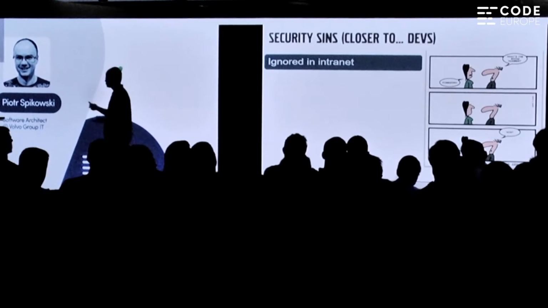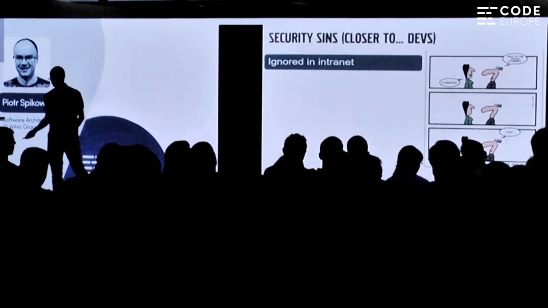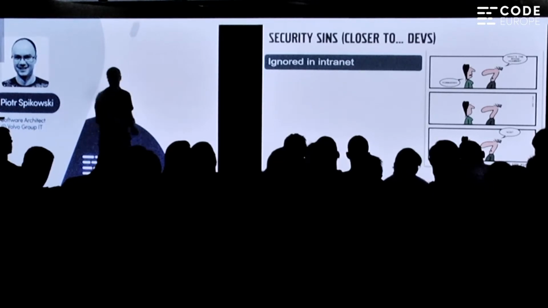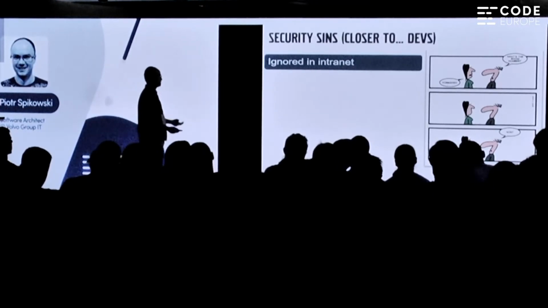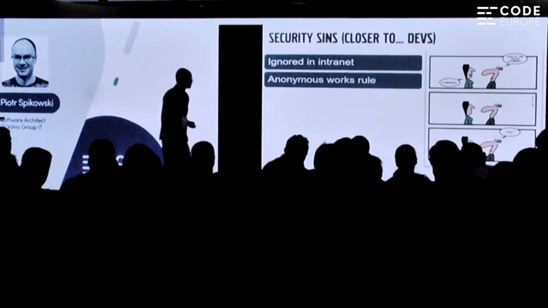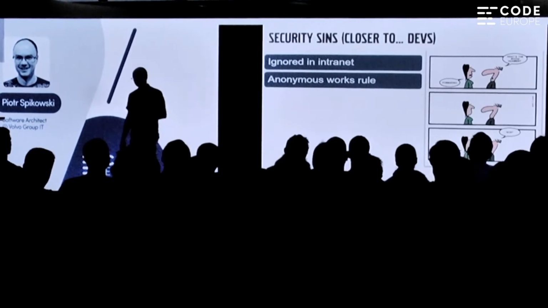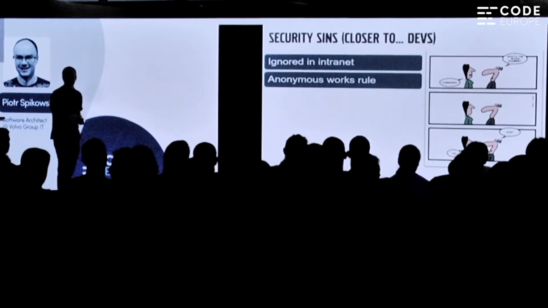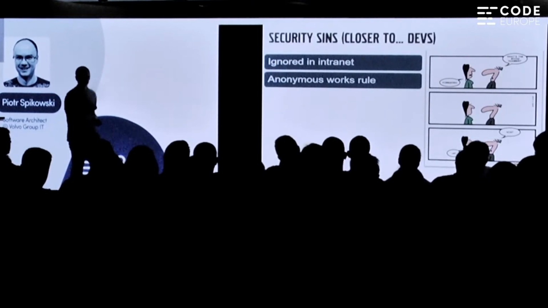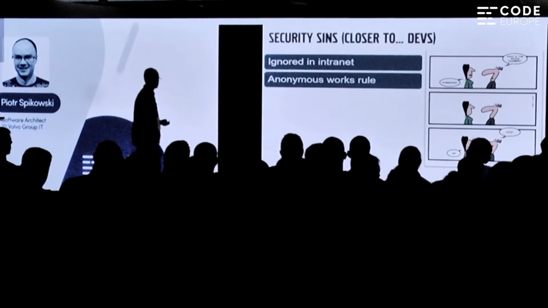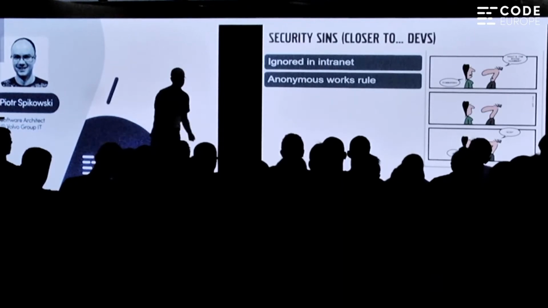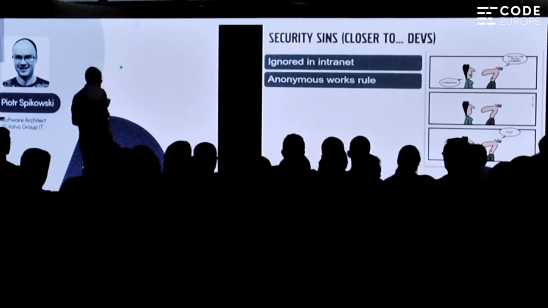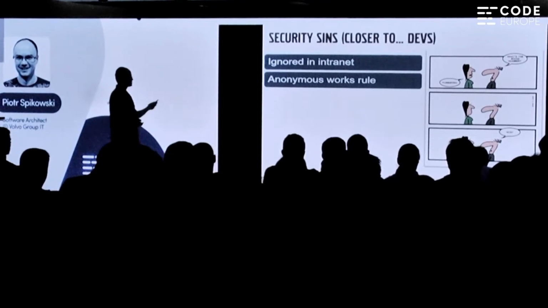We may hear two devs talking to each other: I don't care about security, I have set anonymous, it's just an internal app. But frankly speaking, the first thing which a hacker would try is to reach your intranet and do the attack from the intranet, not from the internet. So do not try to assume some things.